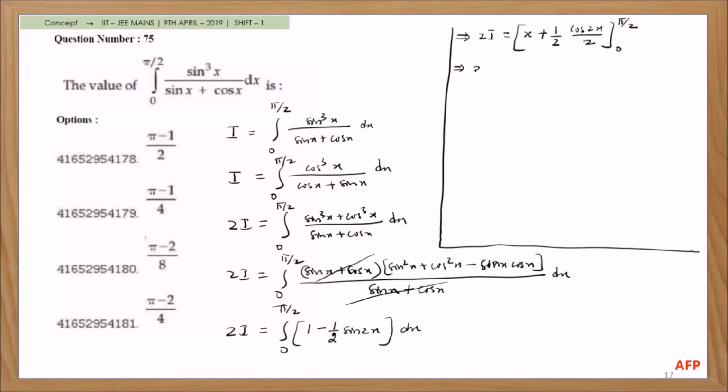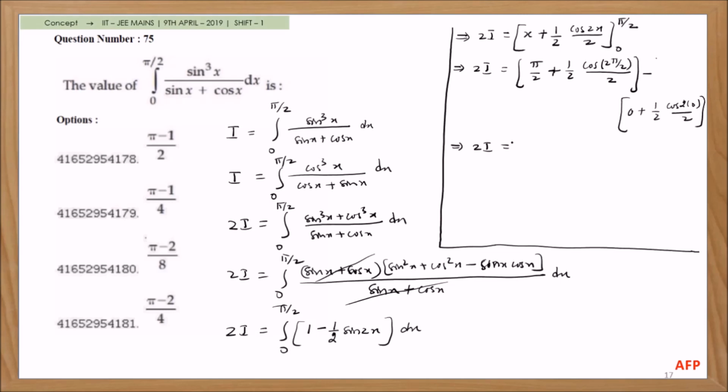So this implies 2I = pi by 2 plus 1 by 2 cos 2 times pi by 2 divided by 2, minus 0 plus 1 by 2 cos 2 times 0 by 2, you got. This was the solution you are getting.